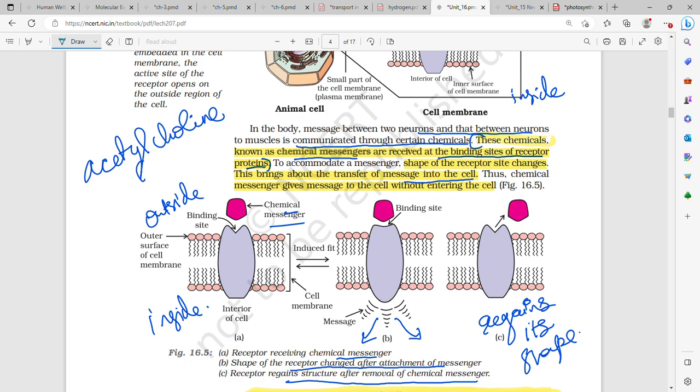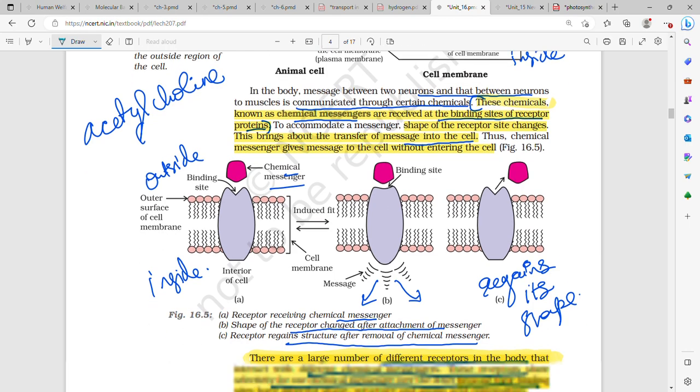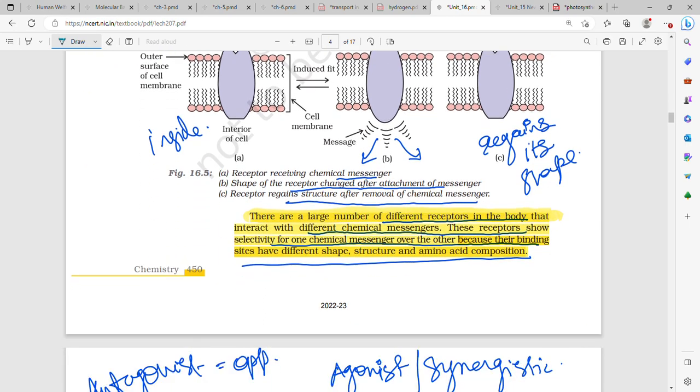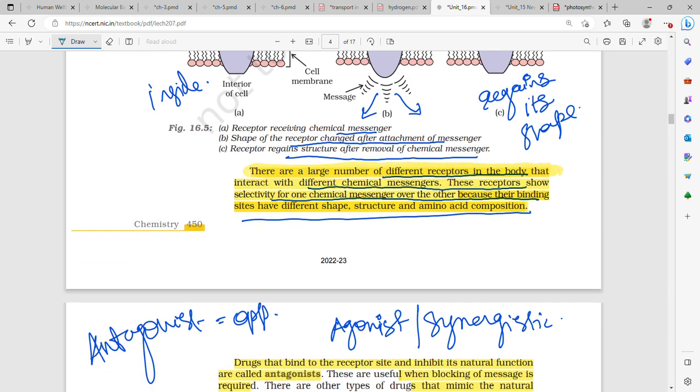These chemical messengers bind to the active site of the receptor, and to accommodate it, the shape of the receptor also changes. The shape of the receptor changes according to the chemical messenger which is going to get attached. Then the message is sent into the cell, the chemical messenger gets detached, and the receptor regains its shape.